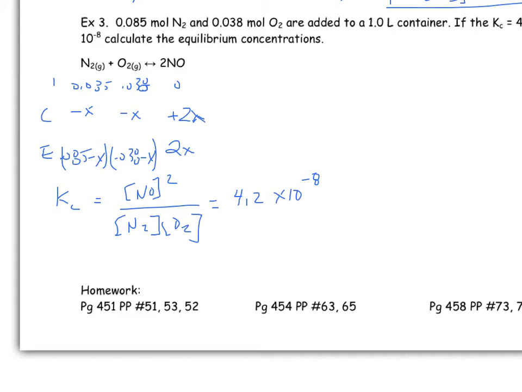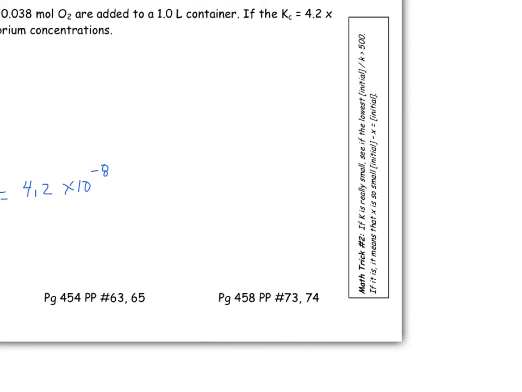Here's the test as described by the box on the right-hand side of your page. If K is really small, see if the lowest initial concentration divided by your constant is bigger than 500. If it is, it means that x is so small that the initial concentration minus the x will be the initial concentration, following sigdig rules.